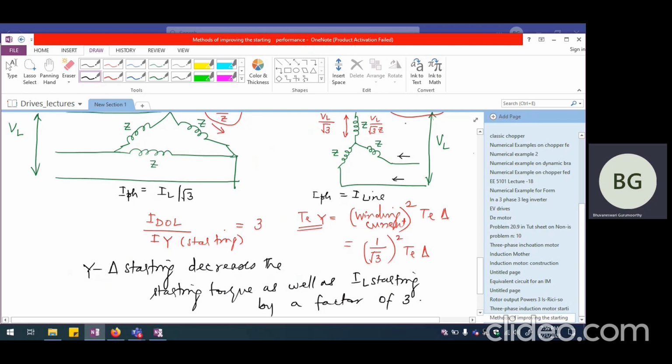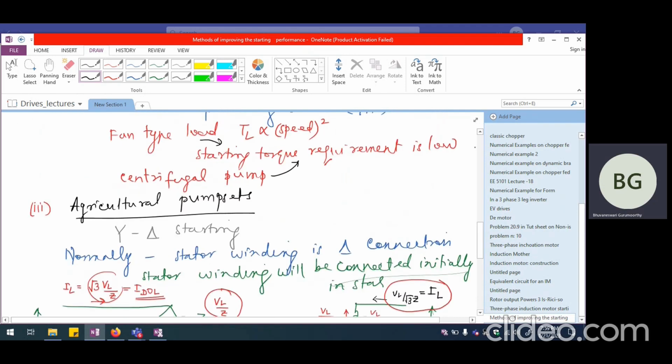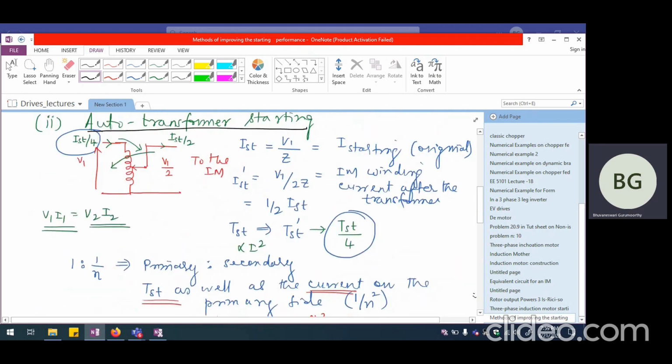So this is like having an auto transformer starting, whatever we have seen. If I have a 1:1/√3 turns ratio in the transformer, that will also give me 1/3 as far as the current that is drawn from the power supply on the primary side is concerned, and as far as the torque developed is concerned, it is going to be 1/3.